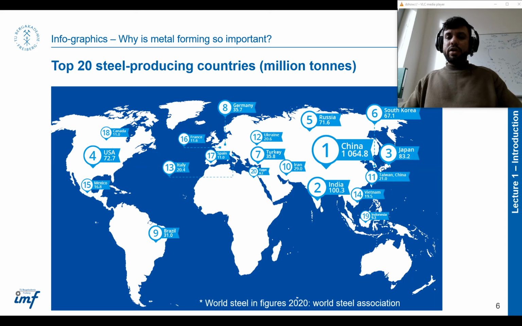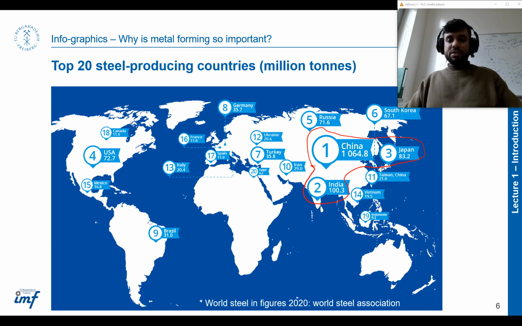And if you look at the breakdown, where is this crude steel being produced? We see that a lot of steel is being produced in Asia. If you look at this cluster of China, Japan, and India, the number one, number two, and number three steel producers are all there.